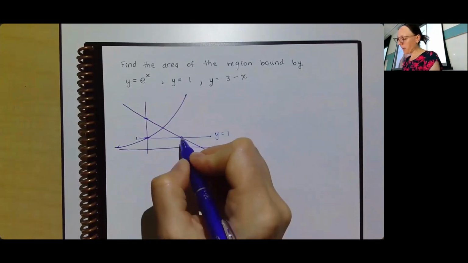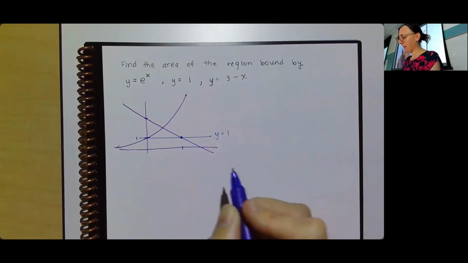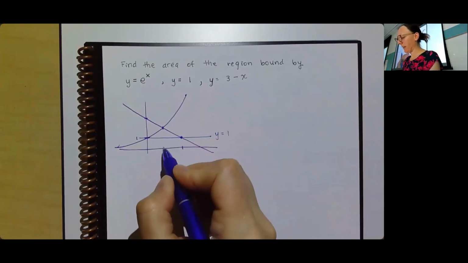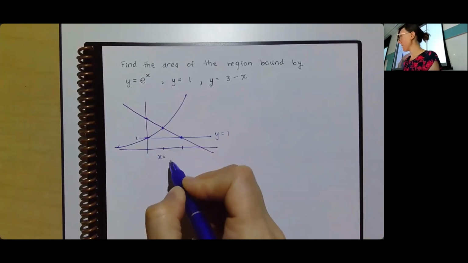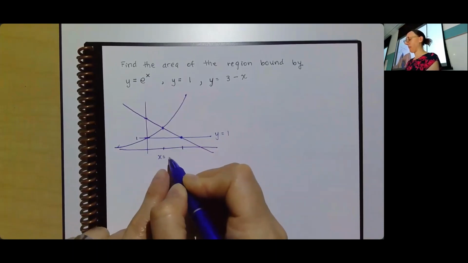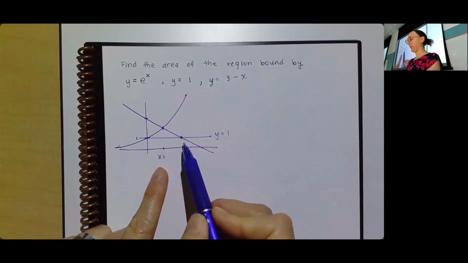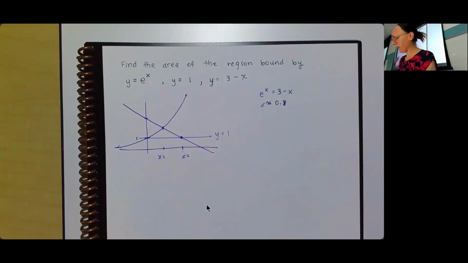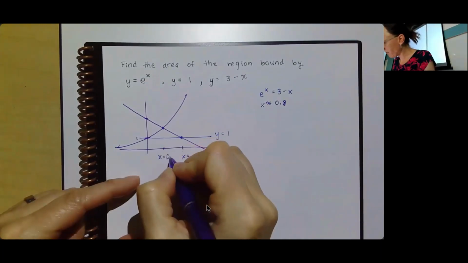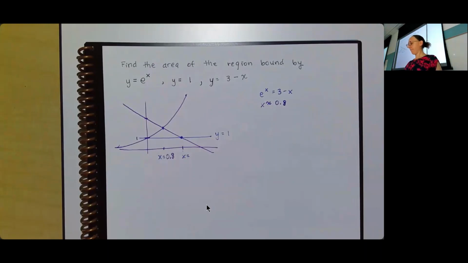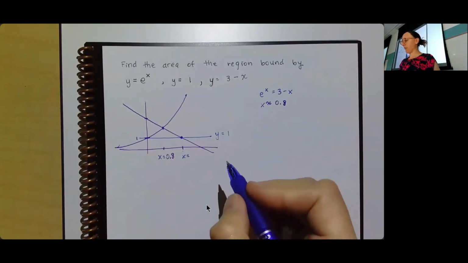This intersection point is reasonable for us to find. This intersection point is not reasonable for us to find algebraically. So I'm going to find this intersection point for us, and you're going to find that one. I found this one. This one's 0.8. Did anyone find the other point for us?